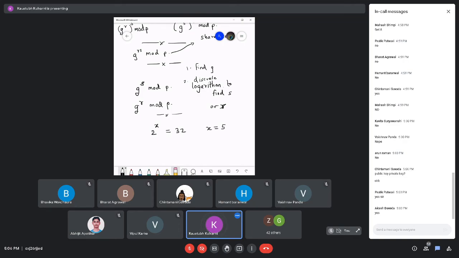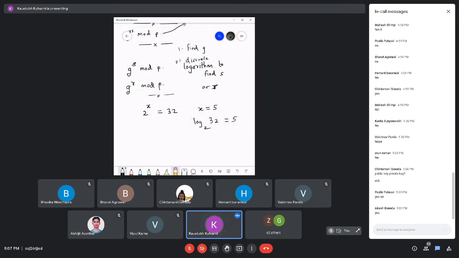So you are effectively finding the log of 32 to the base 2, which is 5. But as the numbers become larger and larger, it becomes difficult to find a log. That is what makes the algorithm secure.